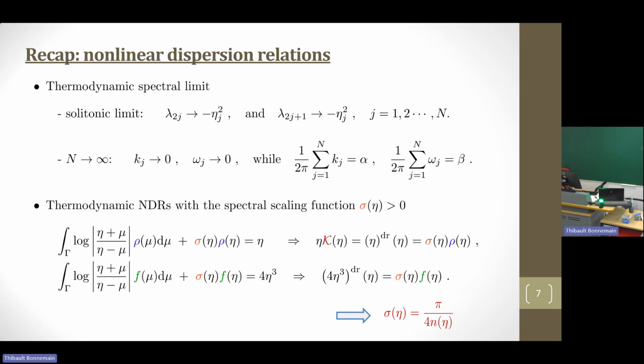You see that rho and the flux solve a Fredholm equation with kernels that involve this scattering shift. The first one is just the definition of the asymptotic space density, and the second one corresponds to the flux equation of state. This identification also allows us to realize that sigma is just the inverse of the occupation function I introduced. Again, I'm going a bit fast, since that's something I discussed first.